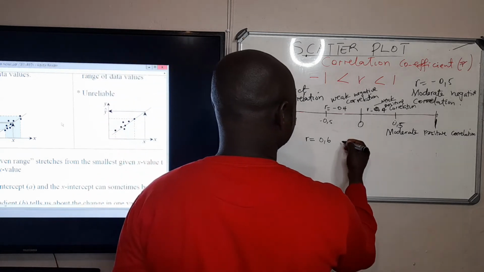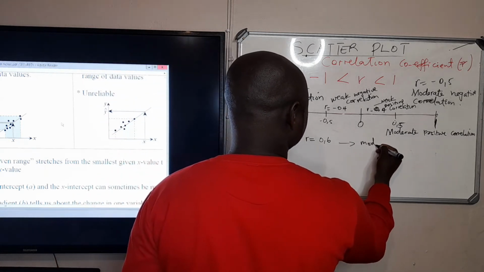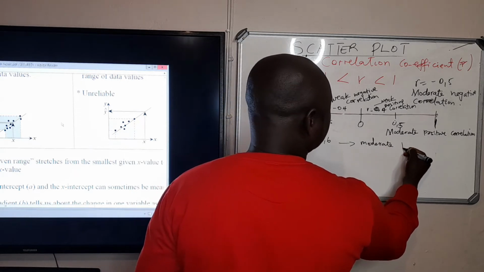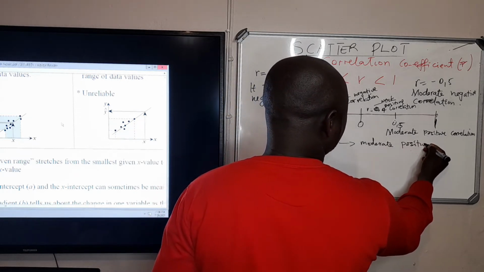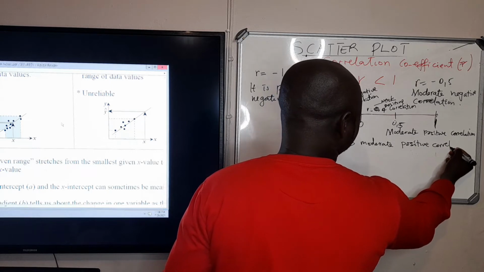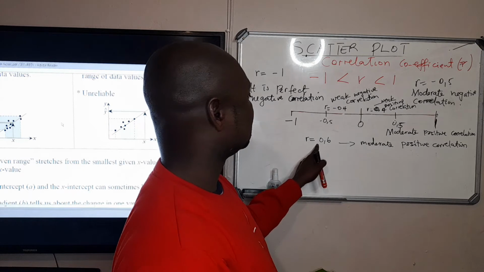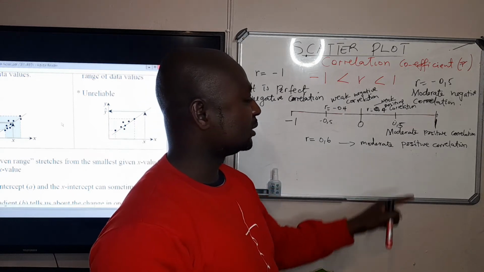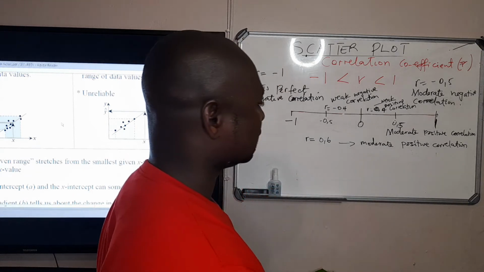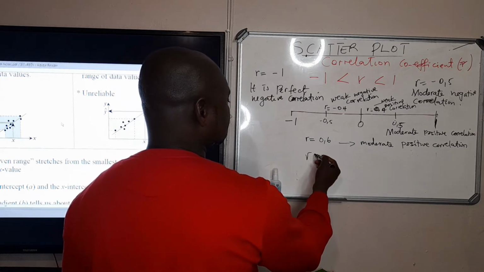So here your definition will be moderate positive correlation, and vice versa. Vice versa means when you are also having a negative 0,6, you will still say moderate negative correlation.